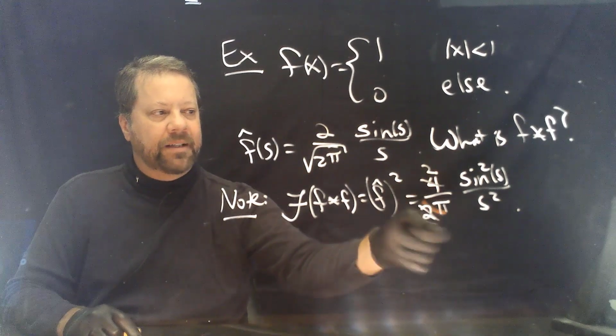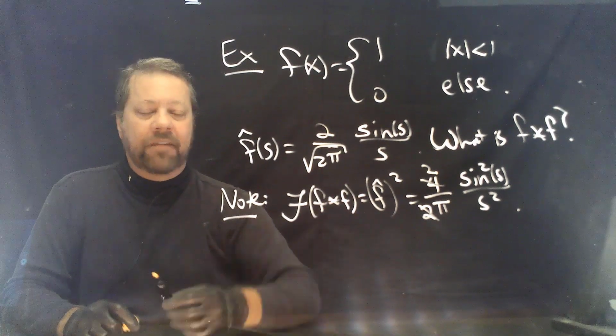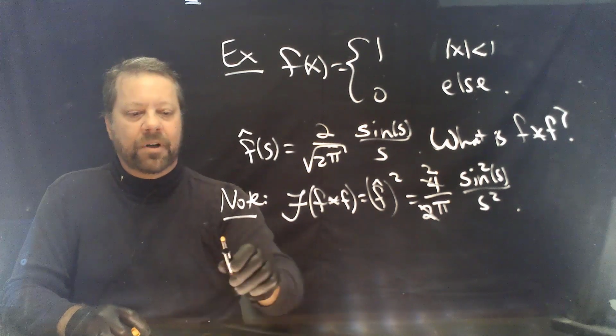Reducing the fraction a bit, we have this. All we have to do to recover f convolved with f is to calculate an inverse Fourier transform.